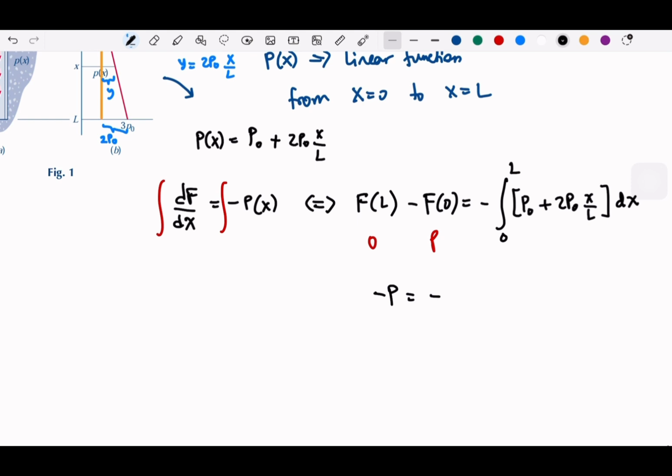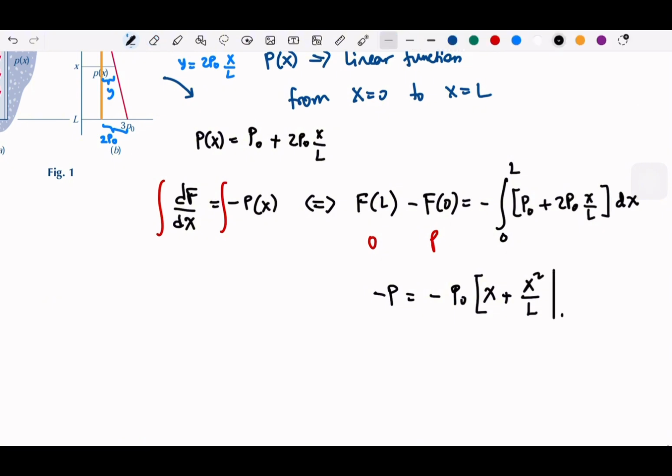So this works only for x, right? Only for x. So we have 1 over 2 x squared, which we can cancel the 2. So we have p0, and this will be x, plus 1 over L, or x squared over L, right?